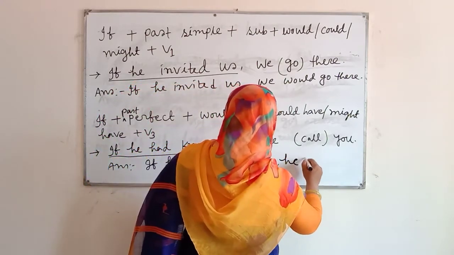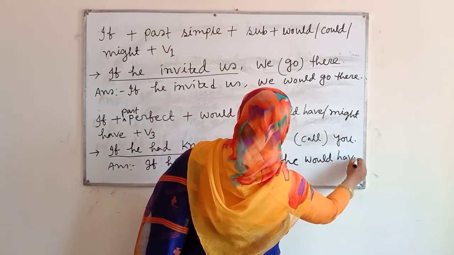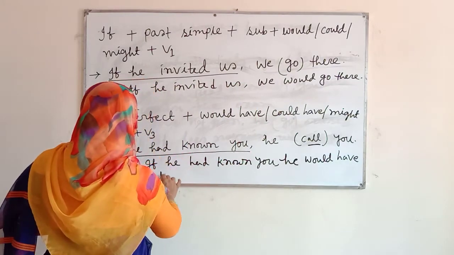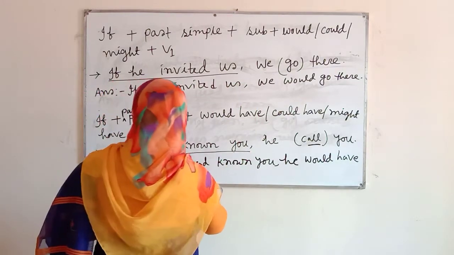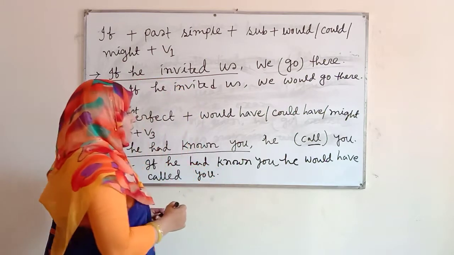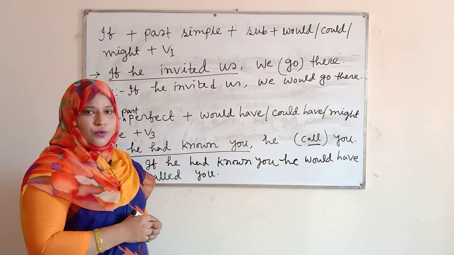You can write any one of these. He would have. ভার্ব কি লিখব? V3. কলের V3 হচ্ছে called, অবজেক্ট হচ্ছে you. Now our full answer is if he had known you, he would have called you.